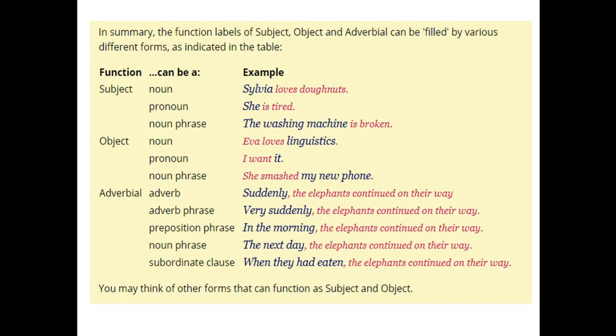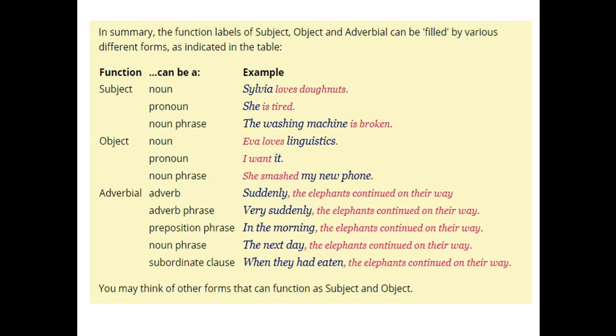I want it. Here it is an object as a pronoun. She smashed my new phone. My new phone is a noun phrase.